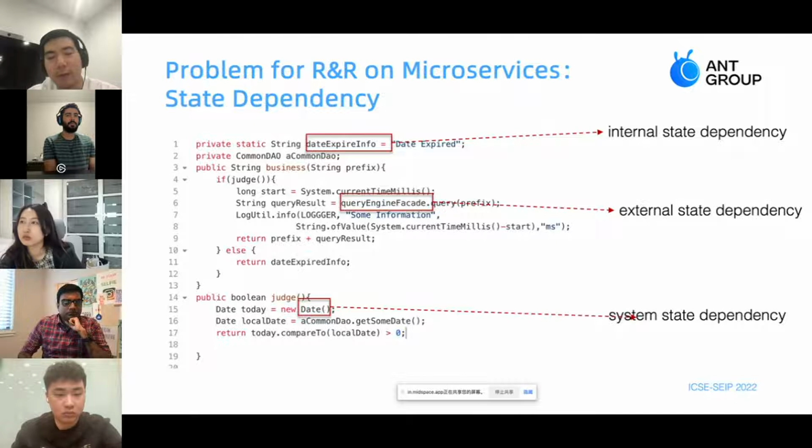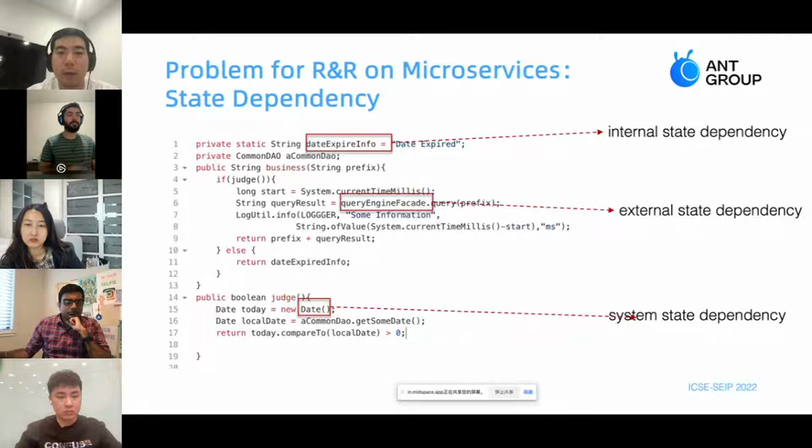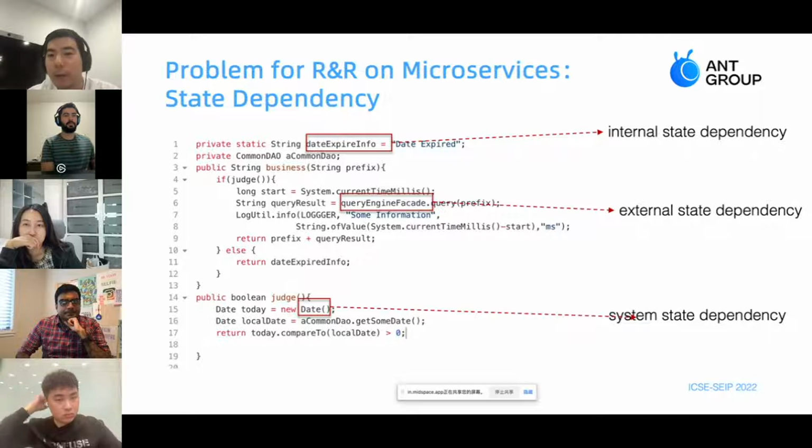We classified such state dependencies into three categories. The first is the internal state dependency, like static variables, because static variables can change during the execution of microservices. Different threads can change them, and then in offline and online environments, their value is not predictable.